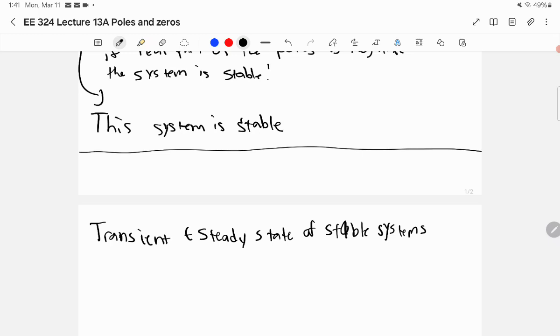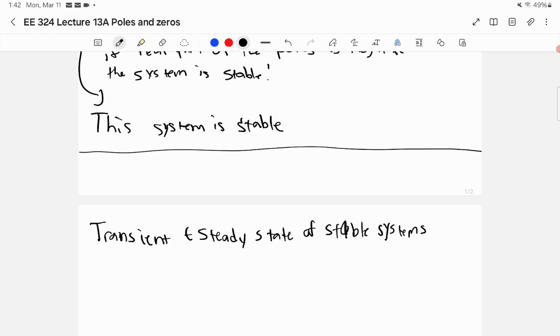The reason that I say stable systems is because, by the way, if any of those poles were in the right-hand plane, it doesn't matter if most of them are on the left and one is on the right, the system is unstable. So all of the poles have to go on the left-hand side of that region of the complex frequency plane, or the S-plane that we were looking at.